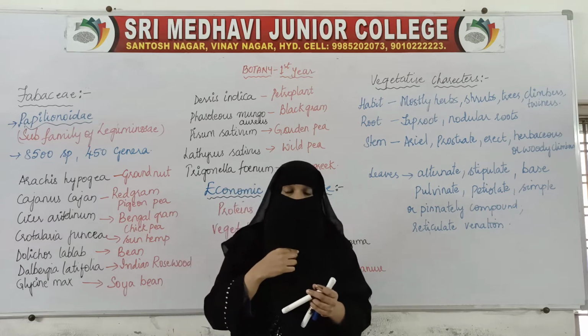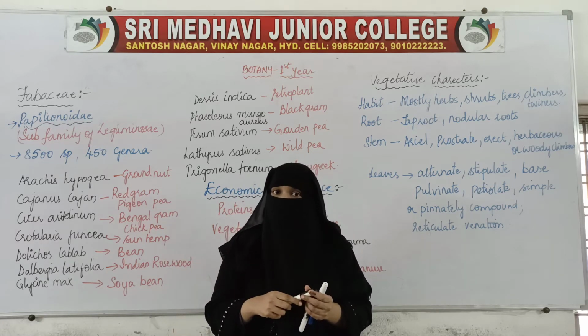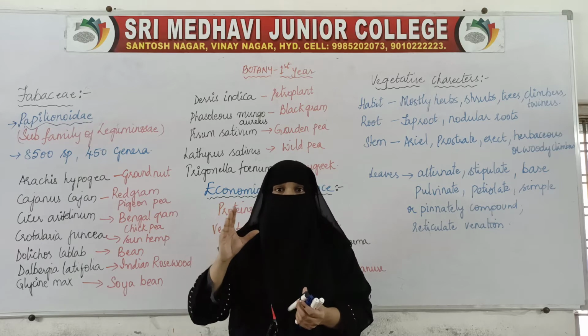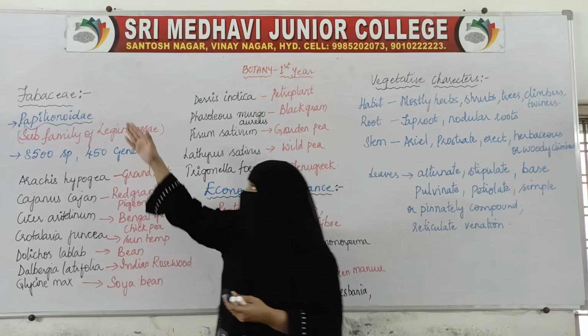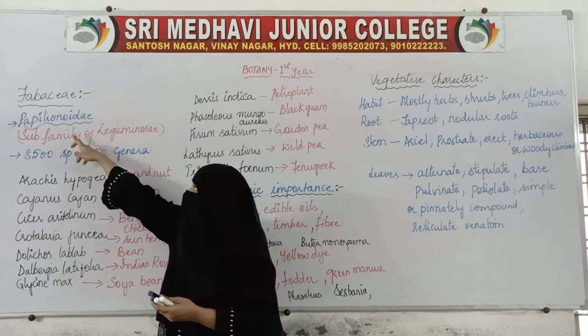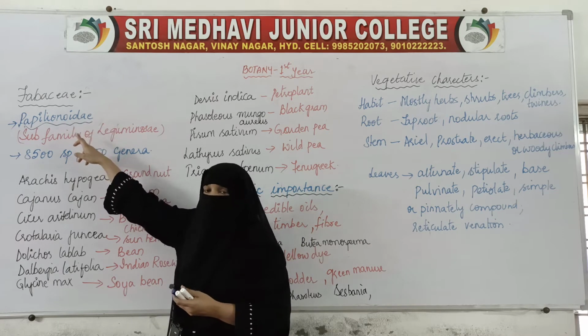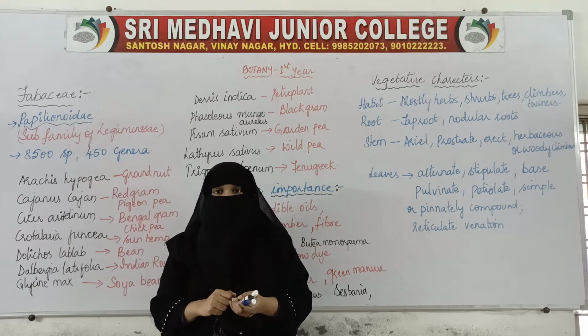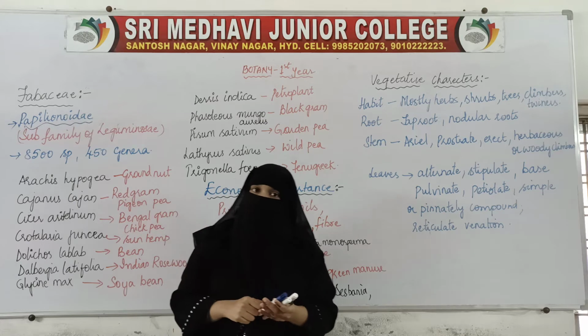Bentham and Hooker's is an example of a natural system of classification, and according to this classification, this family Fabaceae, which was earlier called Papilionoidae, belongs to the subfamily of Leguminosae.